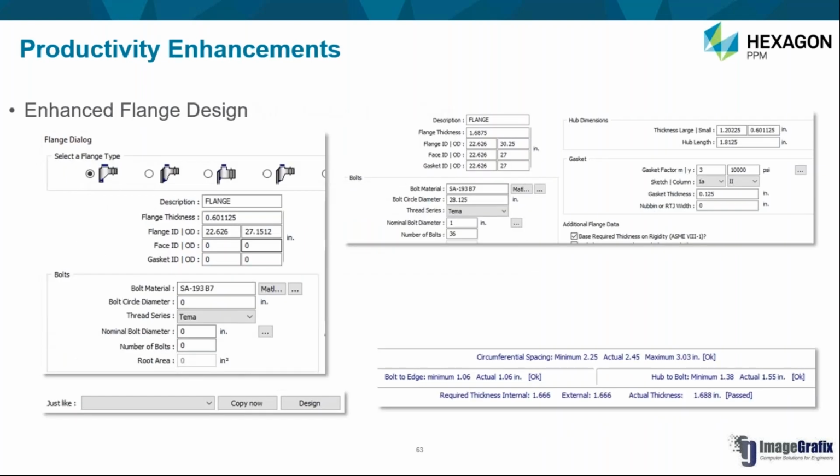Then another enhancement, which may be of some help to you, is your enhanced flange design. What they have done in this version is, when you select the flange type that you want, whatever type you want, and then from here you specify the M and Y factor value, and then you press the design button which is there over here at the bottom.